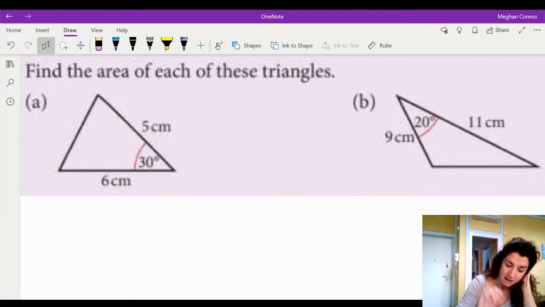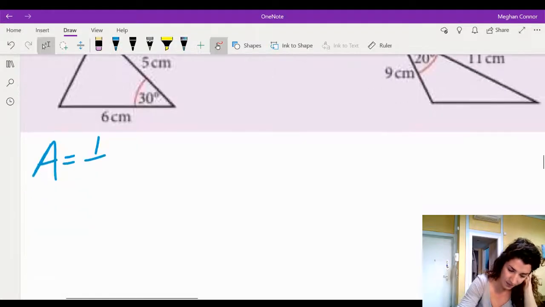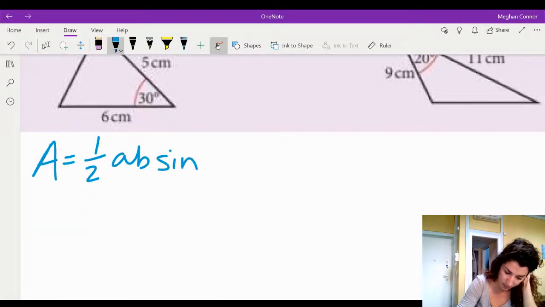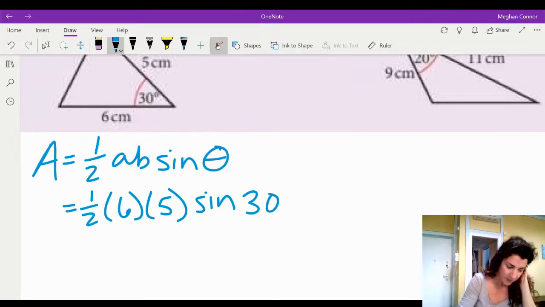Find the area. I first write down my formula. One half times 6 times 5 times the sine of 30.